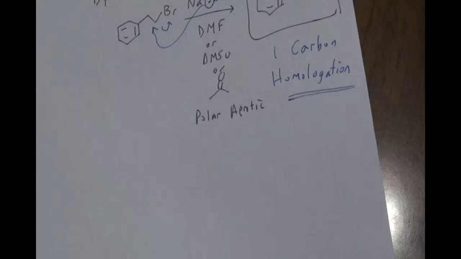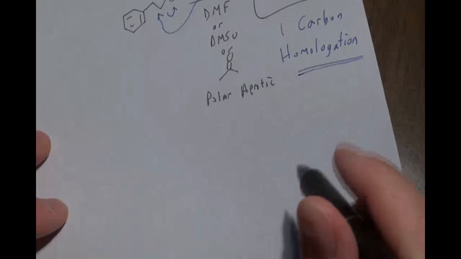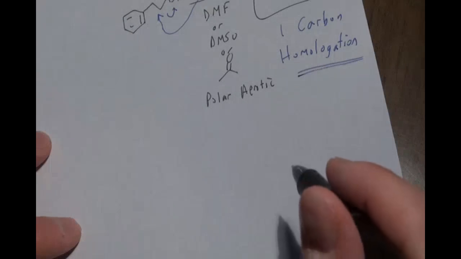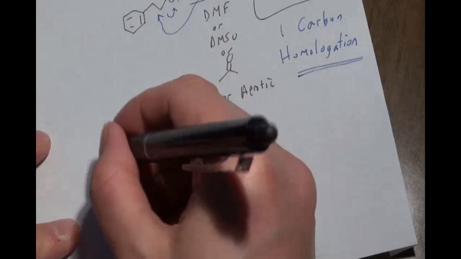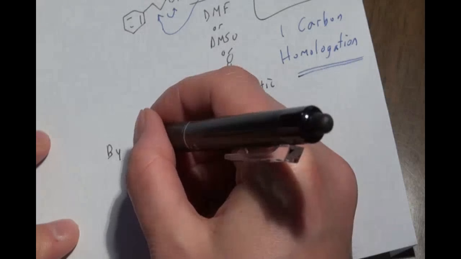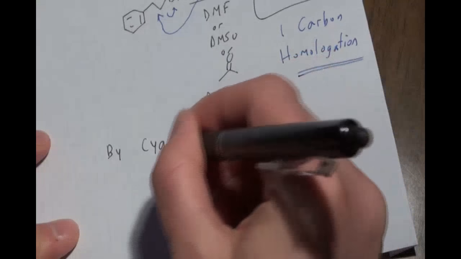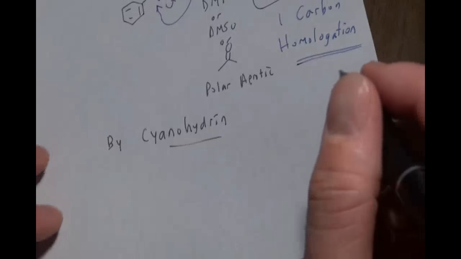Alright, what's the other way to make a nitrile? We did mention this, I think, in maybe chapter 17. Cyanohydrin. A cyanohydrin is just a different kind of nitrile.